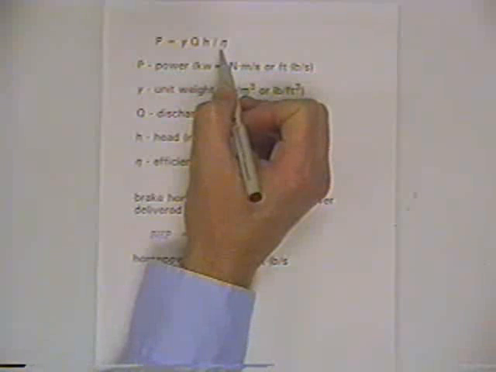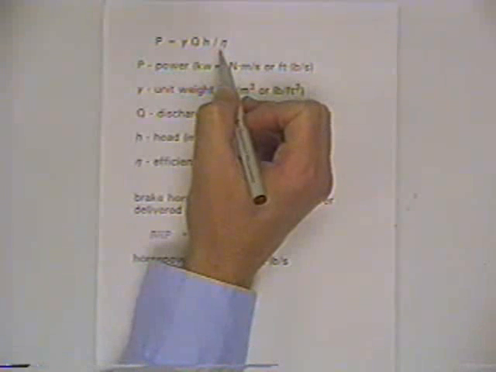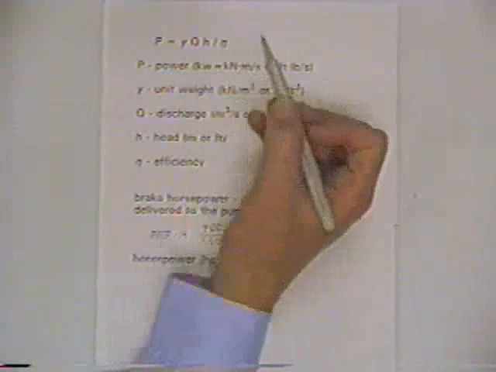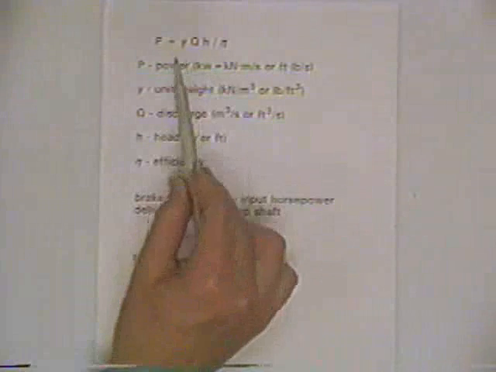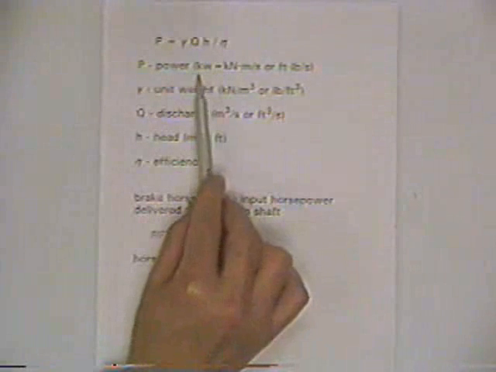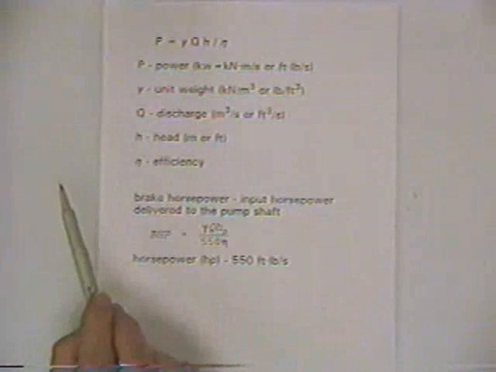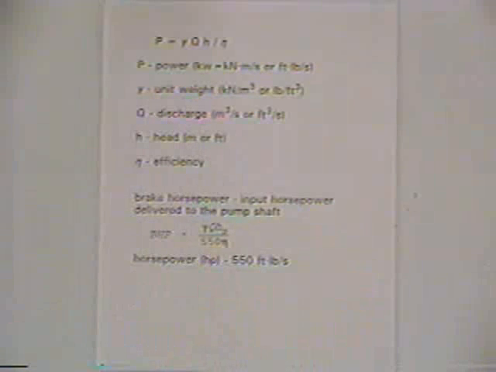If it's a turbine electrical generation problem where you're converting the flow of water to electrical power, we'd be multiplying by the efficiency. And so again, the basic power equation, we've got power in kilowatts, kilonewton meters per second. We've got the unit weight of the fluid going through the pump in kilonewtons per cubic meter, and the discharge rate of water going through the pump in cubic meters per second.